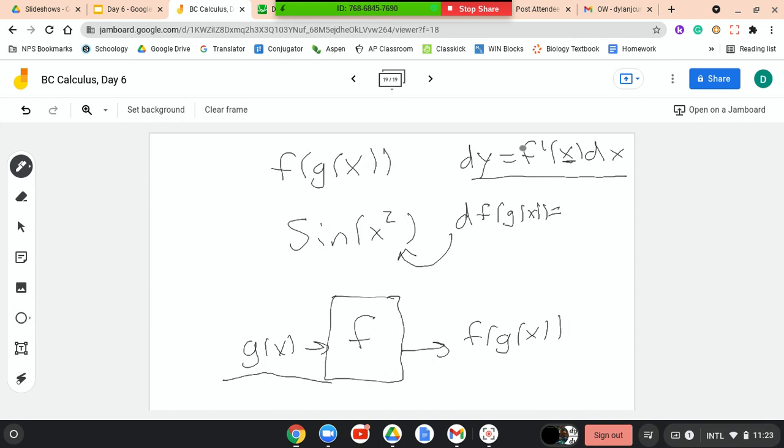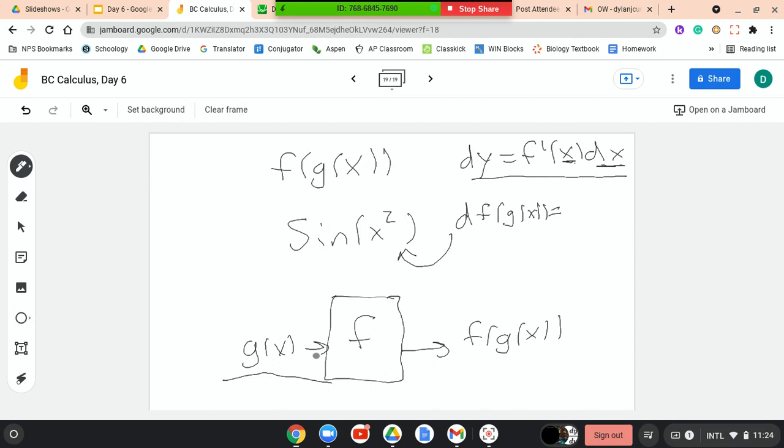Okay. So when our input is different than x, in this case, our input is g of x, right? Yep. So instead of saying the derivative with respect to x, I have to say the derivative with respect to g of x because our input is now g of x. Does that make sense? That makes sense. So basically if our output dy is equal to the derivative of our input times a tiny change to our input, that's what this equation is saying, right?